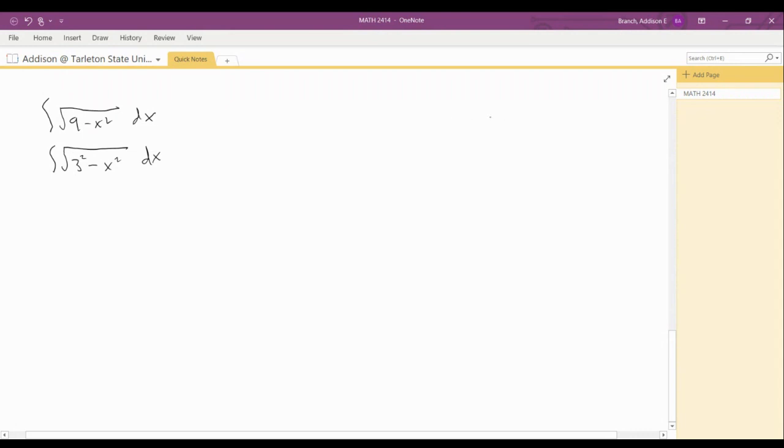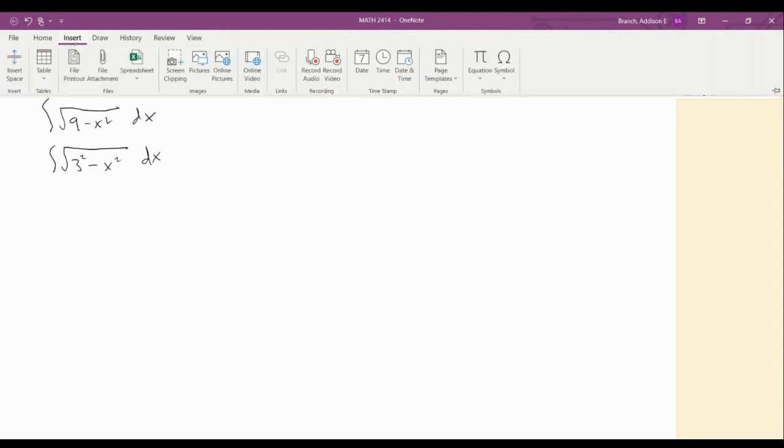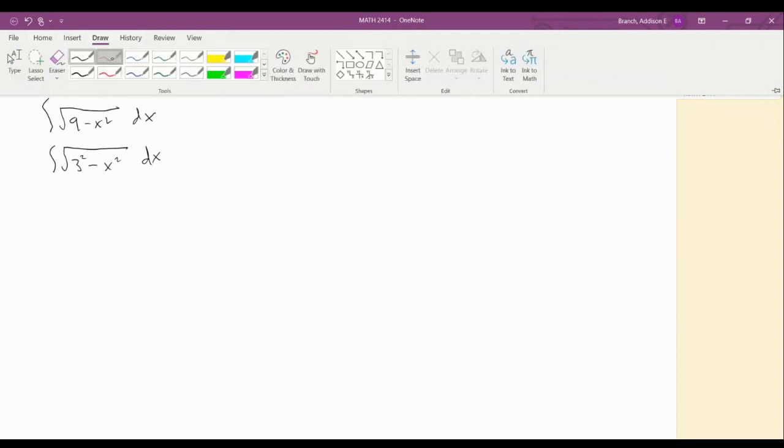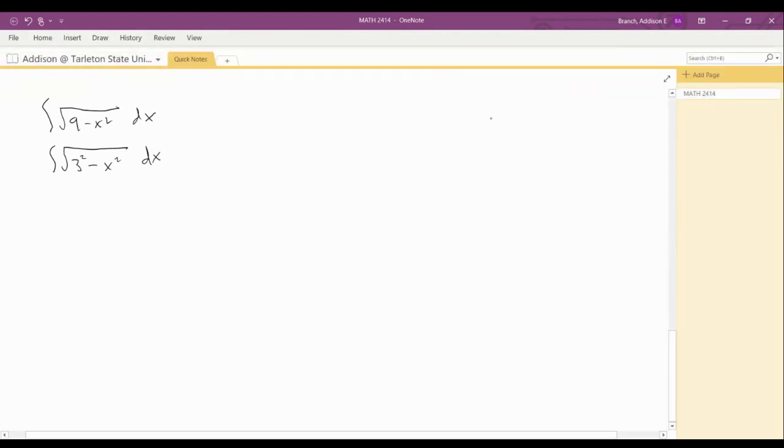So therefore, let me go ahead and change colors. We can say that x is equal to 3 sine of theta. And similar to when we do u sub, you have to figure out what your du is. The same thing applies here.